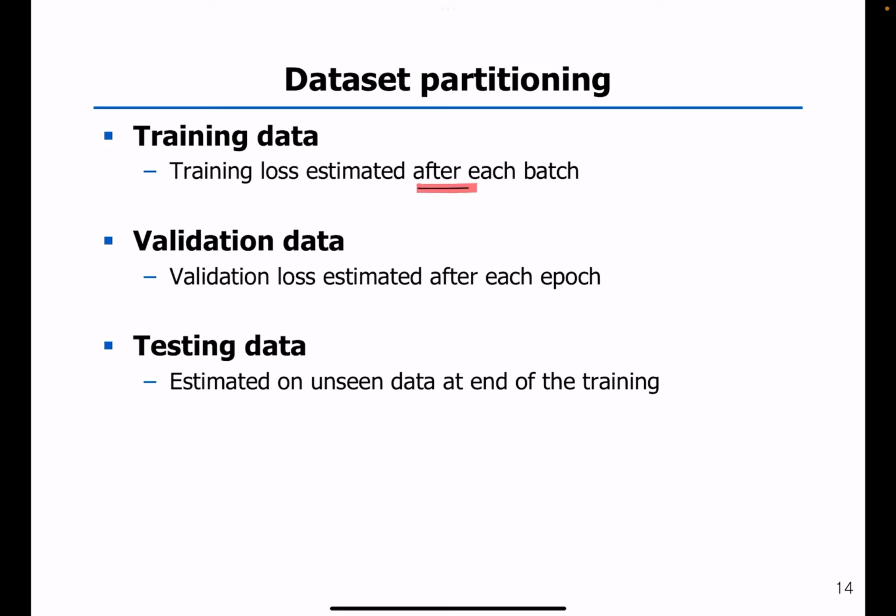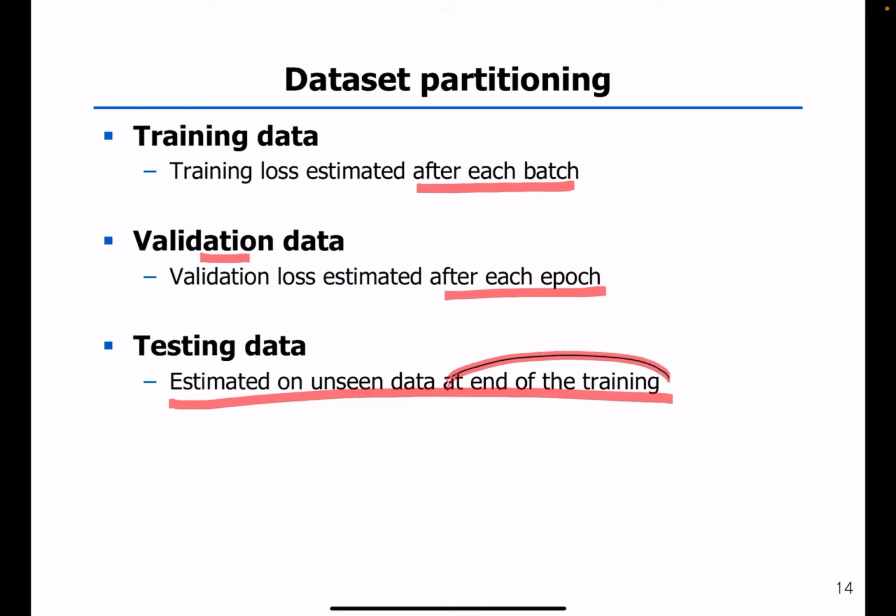After each batch, we have your training loss estimation. For each epoch, we have validation. And when we have gone through all the data once, it is done at the end of your training on unseen data.